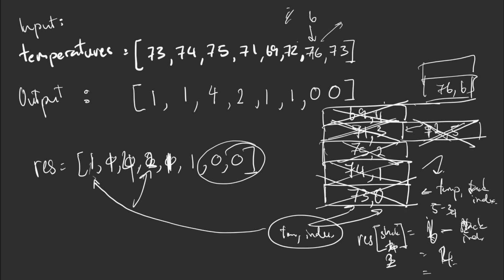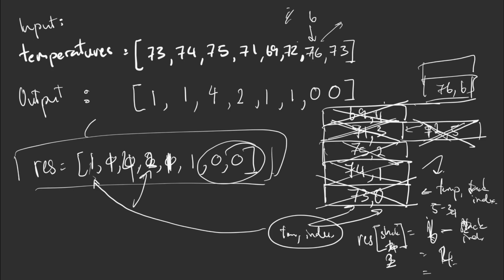So now that we understand the solution, we can go to the coding part. Oh, by the way, here we can see that the answer is exactly the same as the output.